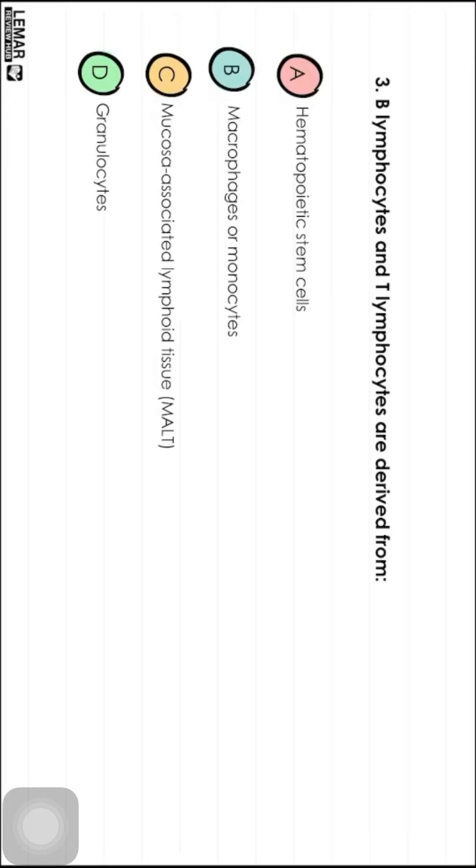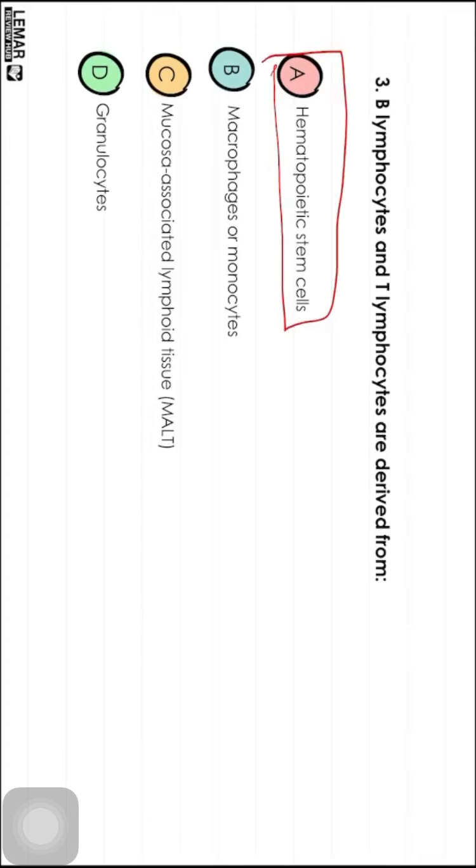Okay, number 3. B lymphocytes and T lymphocytes are derived from letter A, hematopoietic stem cells, B, macrophage or monocytes, C, mucosa-associated lymphoid tissue or MALT, letter D, granulocytes. So the answer in number 3 is letter A. Okay, why?